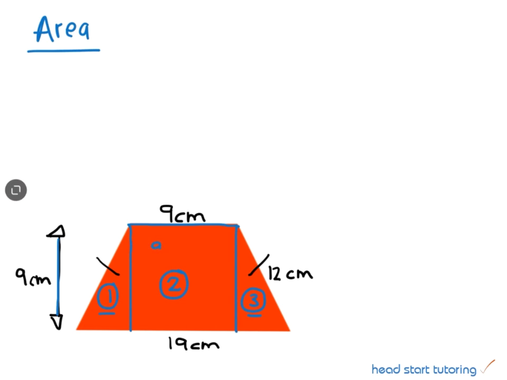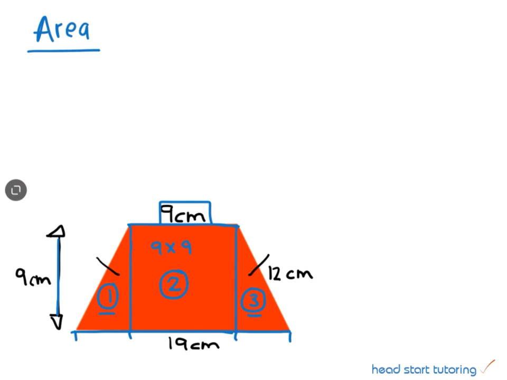So this ends up being 9 by 9. And we need to work out what this measurement over here is going to be, which will be the same as this measurement over here. So we need to say, well, there's one of our horizontal lines, 9 centimeters, and then we've got 19, which goes all the way along the bottom.